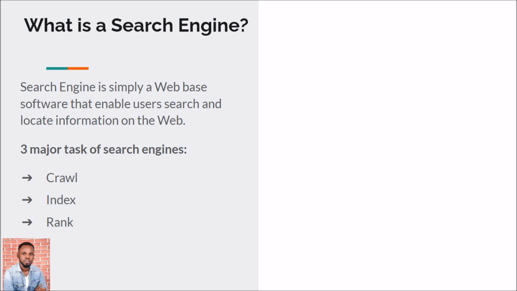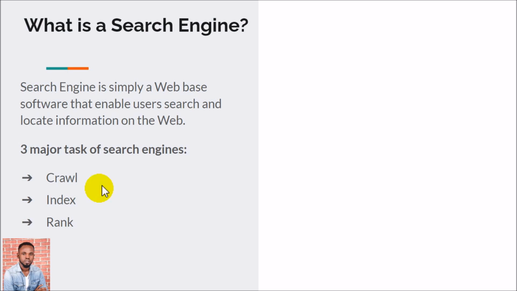So they will use your keyword, go to their index and look at which pages relate more to the question you are asking, and the one that is more related, they will rank at the top, and that is it. You might have thousands of results when you search for a keyword, but the search engine is going to rank them according to the page that is doing well. There are a lot of factors that determine ranking of a web page, but this is actually what happens in the world of search engines.